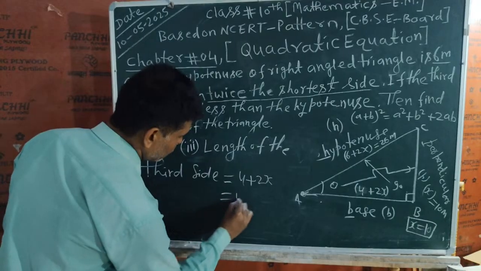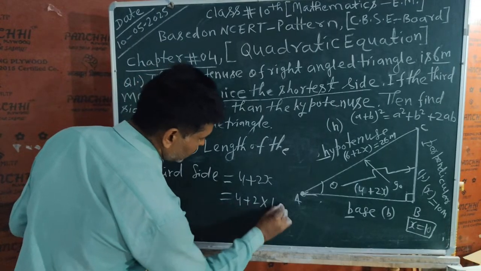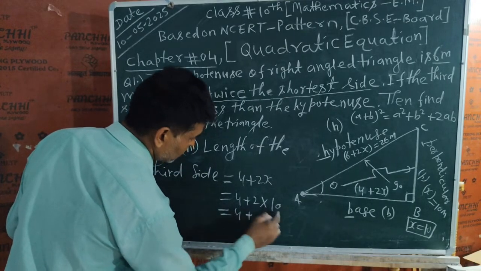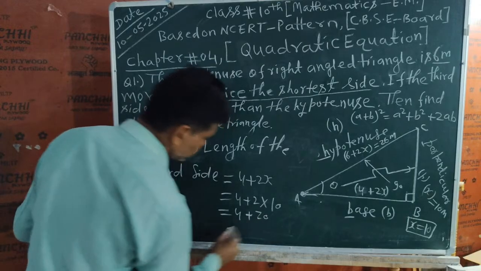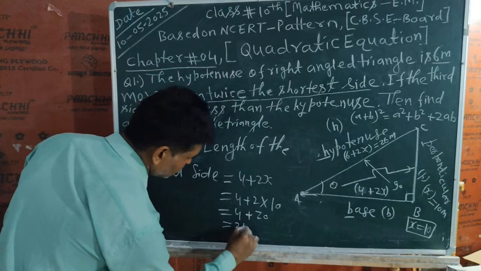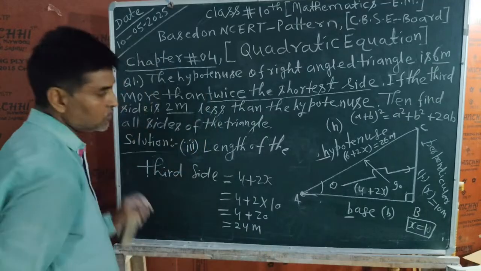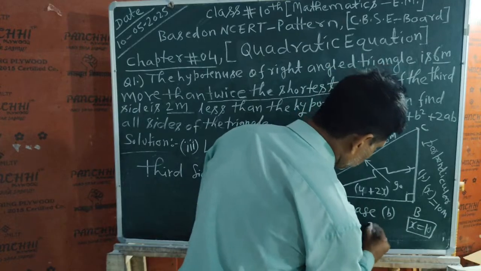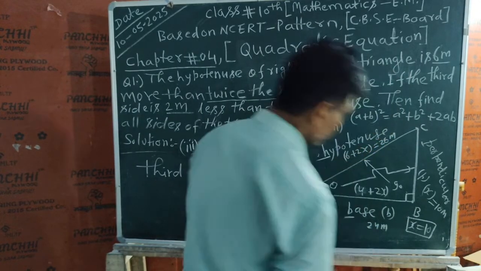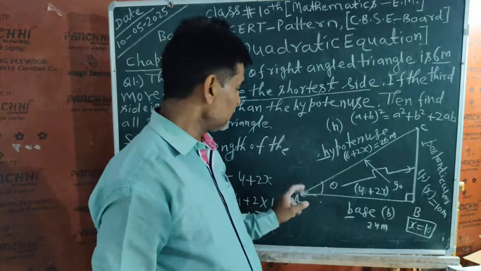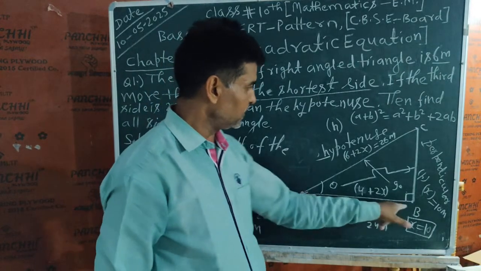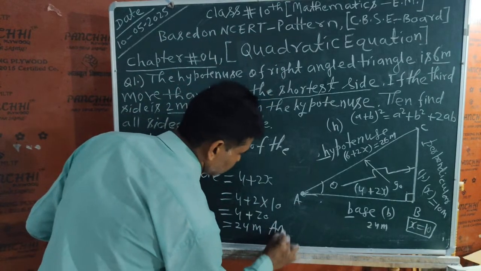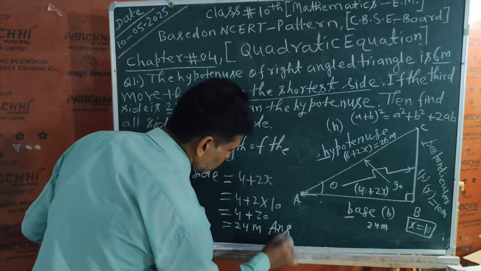Here I will write 4 plus 2 and the value of x is 10. So 4 plus 2 times 10 is 20. After simplifying, its value is 24 meter. It means that this is the required triangle whose name is ABC. So this is also the third answer of this question.